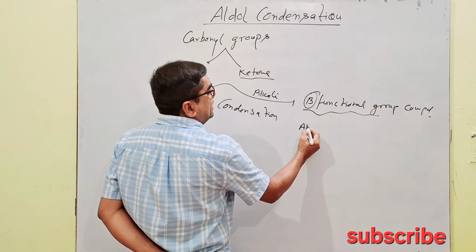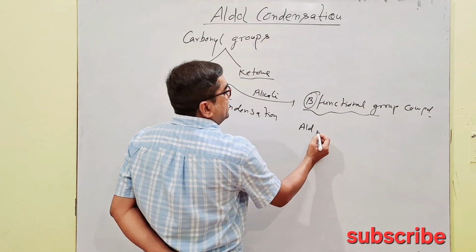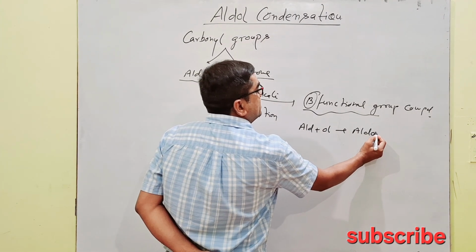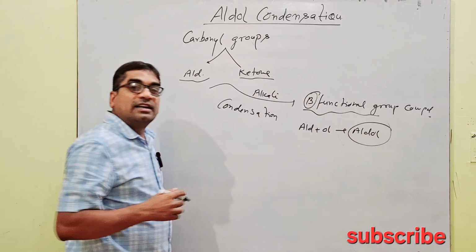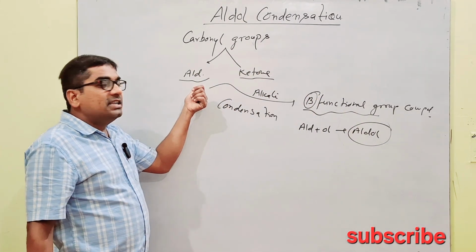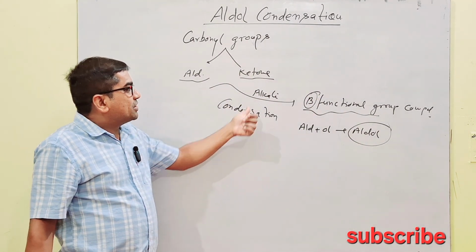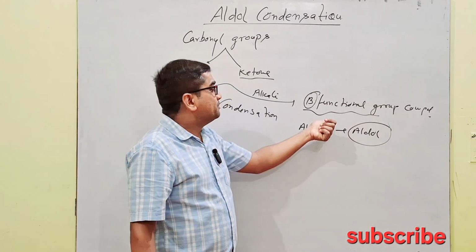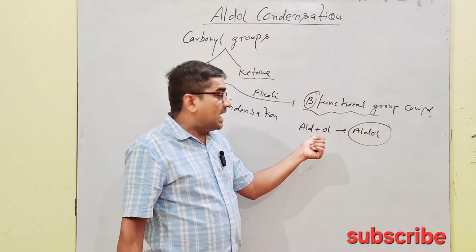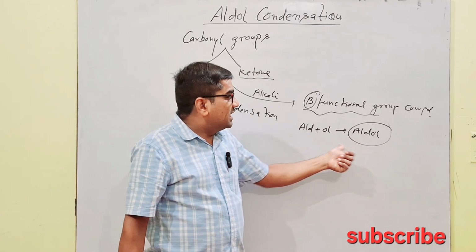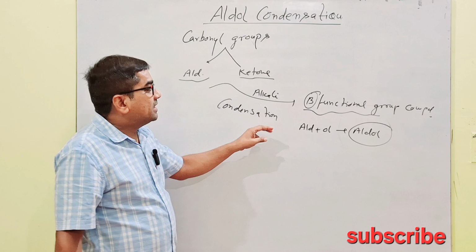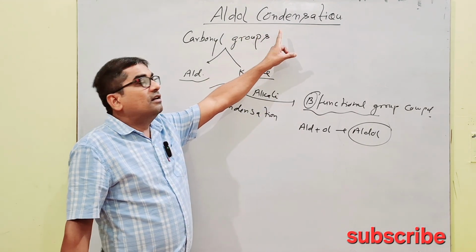Since the aldehyde gives an aldehyde plus alcohol, that's why these are called aldol condensation. Aldehyde undergoes condensation in presence of alkali and gives a bifunctional compound that contains aldehyde and alcohol. That's why it's called aldol. Since the reaction is condensation, it's called aldol condensation.